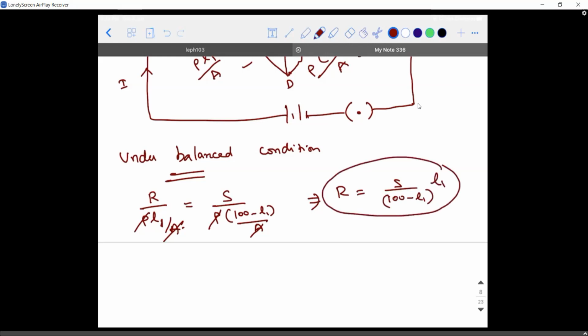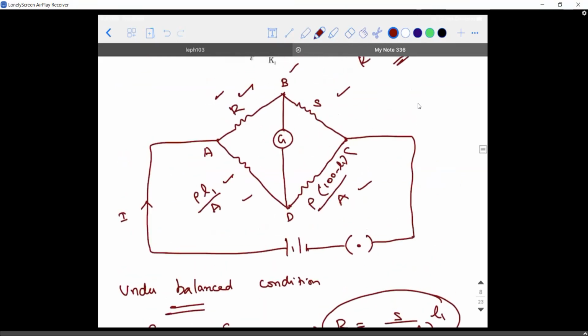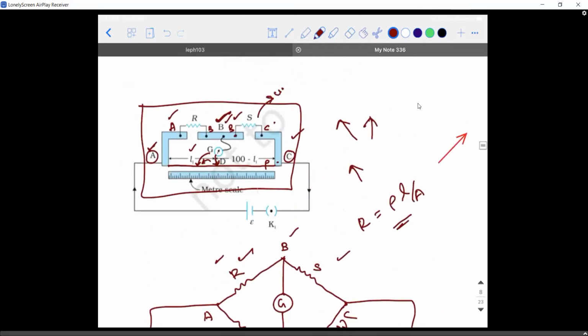If R is the unknown resistance, then this is the formula. Suppose S is the unknown resistance, then R into 100 minus L1 divided by L1 will be the formula. Mostly, we will connect the unknown resistance here only.